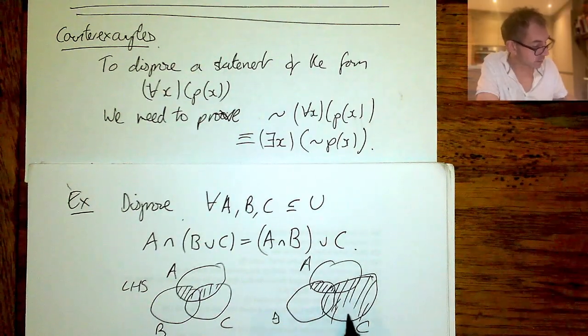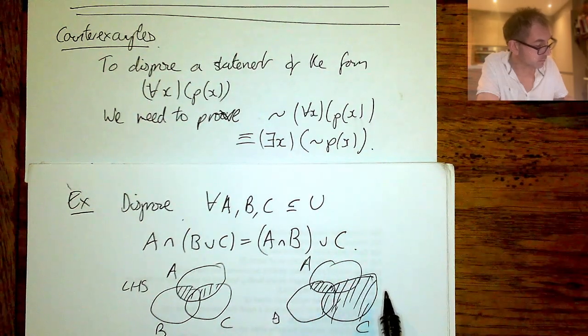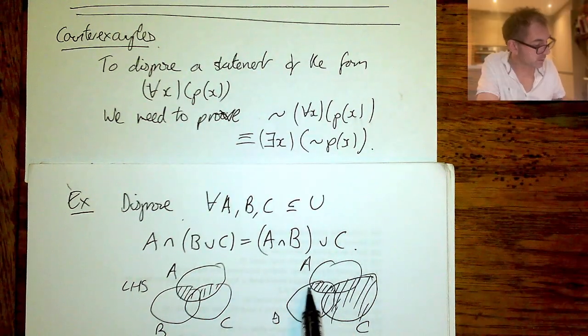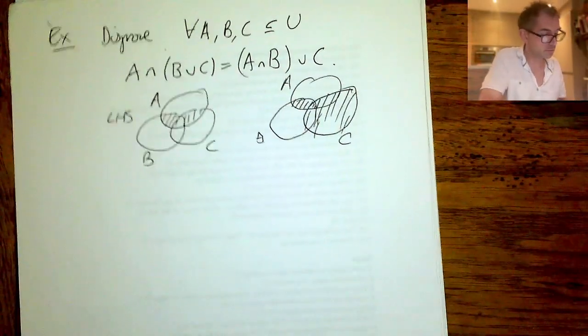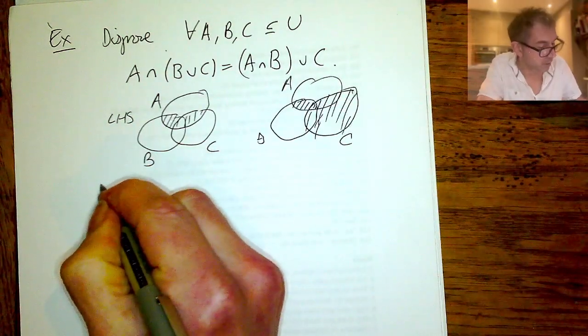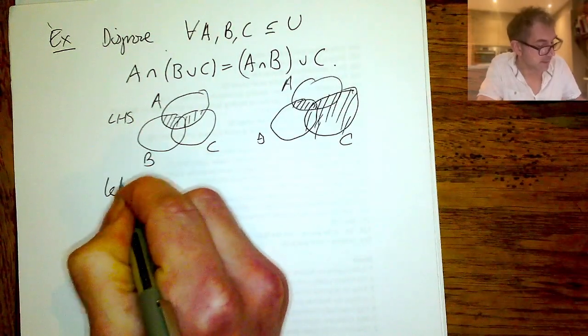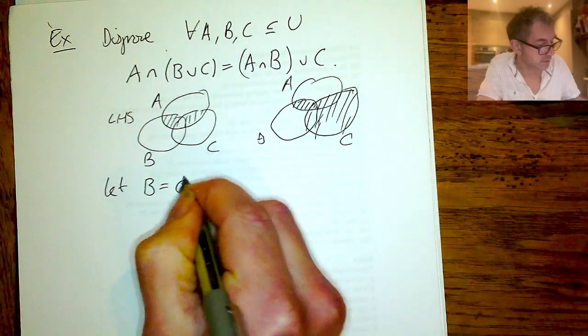So if I can just pick the right examples here, then I can make sure that this is going to be not true. So what if I just make B completely trivial, and then I can just see that the A and the C bits are going to go wrong. So let's take, let B be the empty set.